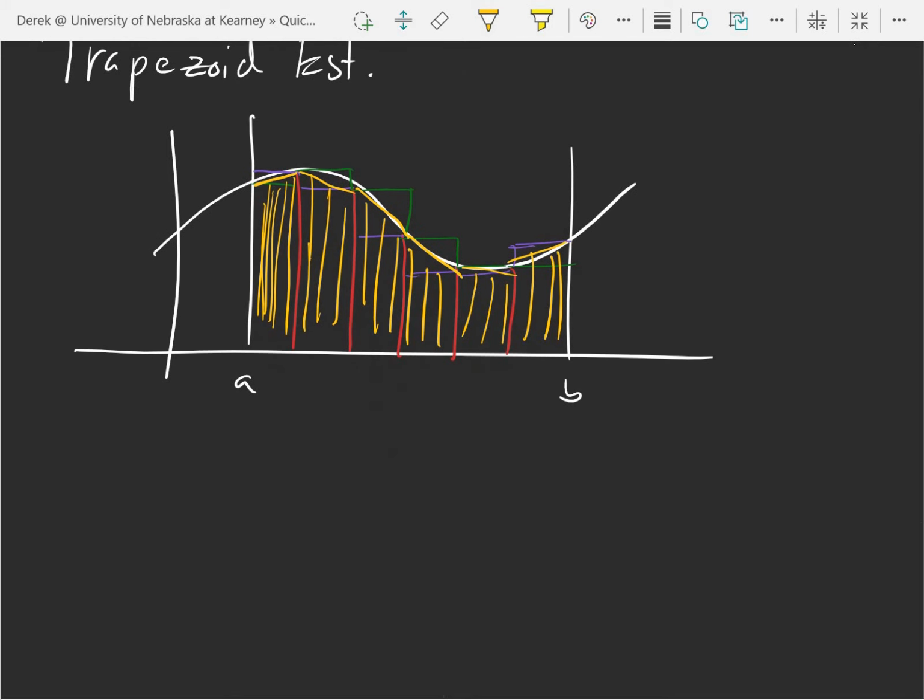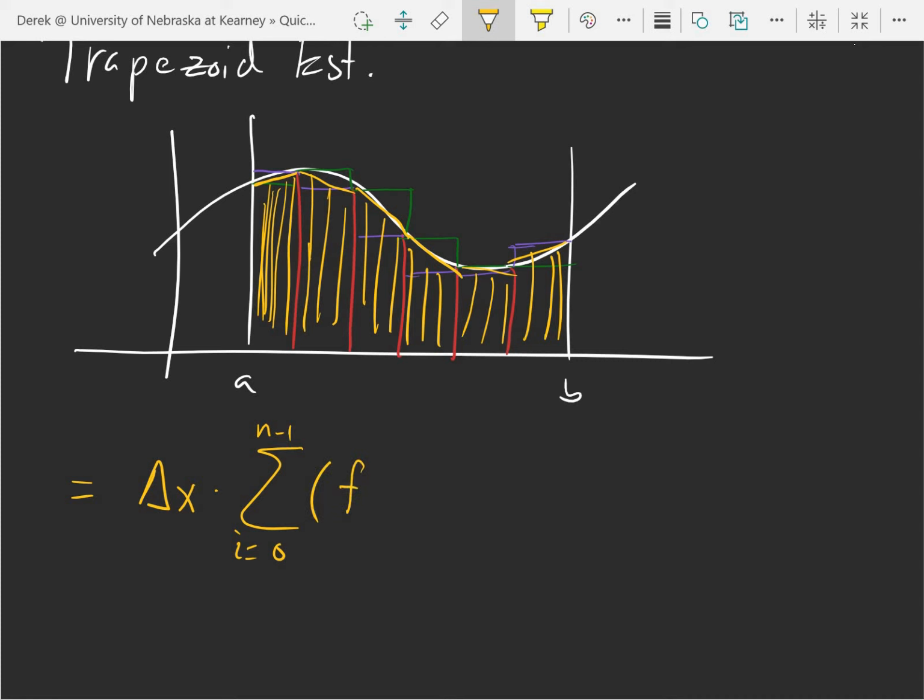Okay, so the orange trapezoid sum is going to equal, well, they're still delta x in width. Everyone is delta x. You can start at i equals 0 or 1, either one. It depends on what we're going to put in the functions.